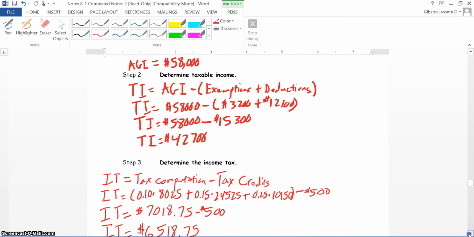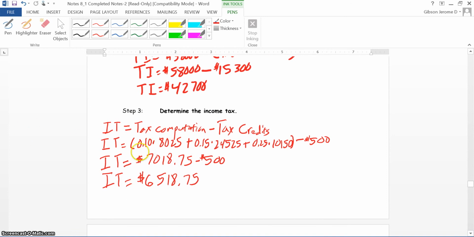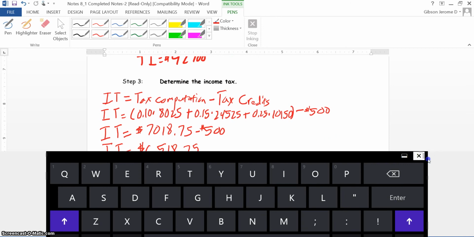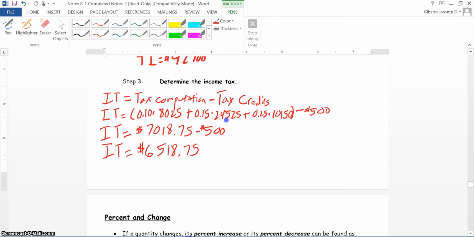As you see, we have what we had at the top: the 10% times 8,025, the 15% times 24,525, and then finally the 10,150 will be multiplied by the 25%, and we will subtract off the $500 tax credit.